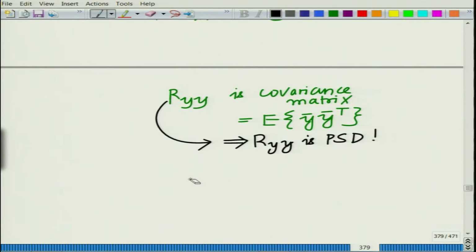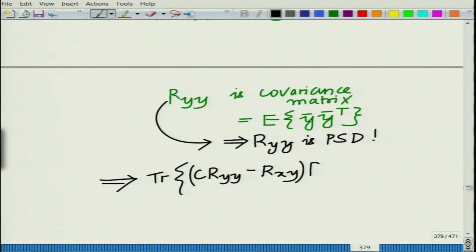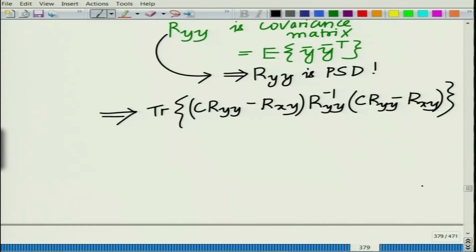This implies that the trace of C r y y minus r x y, times r y y inverse, times C r y y minus r x y, transpose, is always greater than or equal to 0, because r y y is PSD.